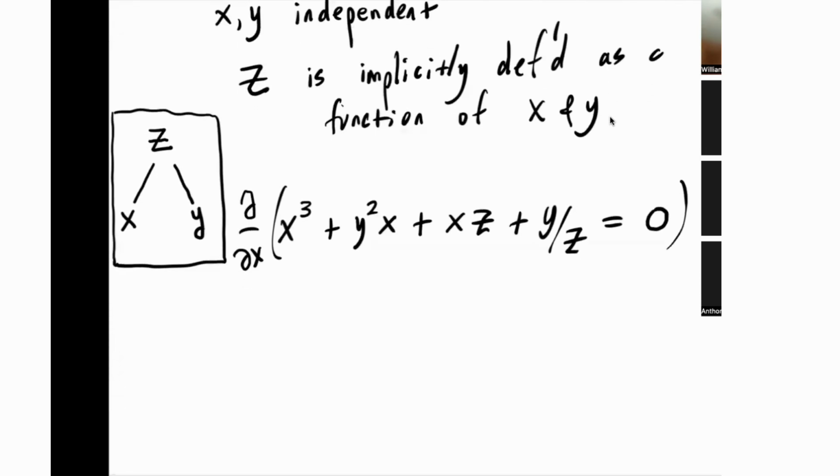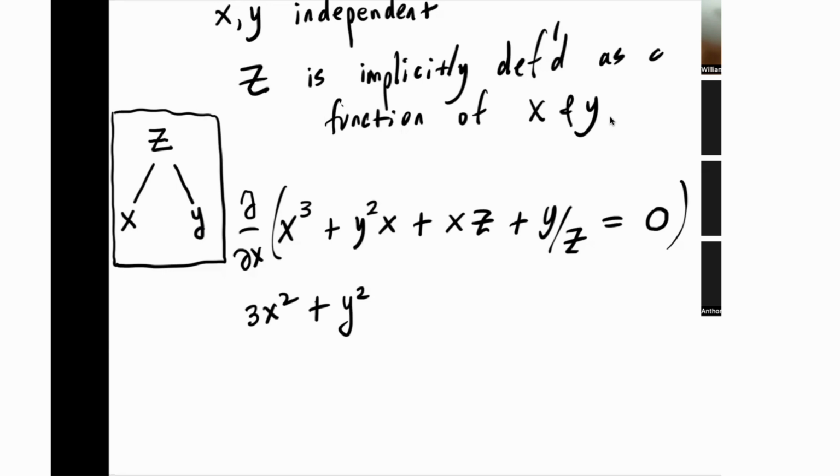So the derivative with respect to x of x cubed, that's going to be 3x squared. The derivative of y squared x, well here y is a constant because y is independent of x. So this is just a constant, and then the derivative of x is 1. So the derivative here is y squared.